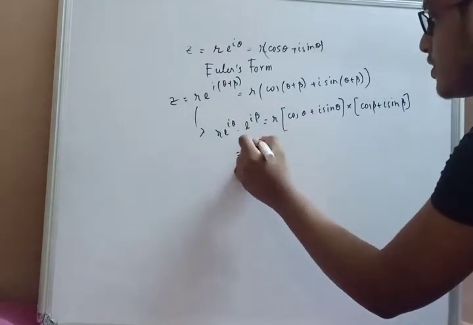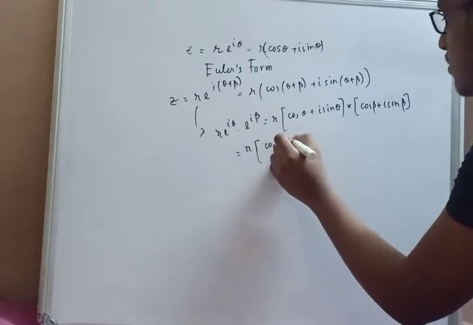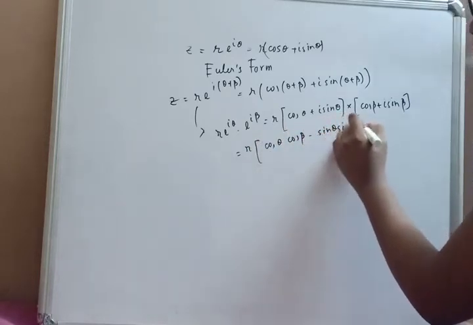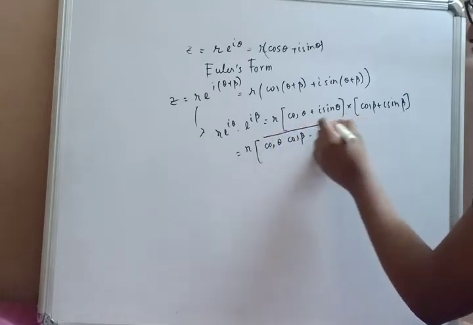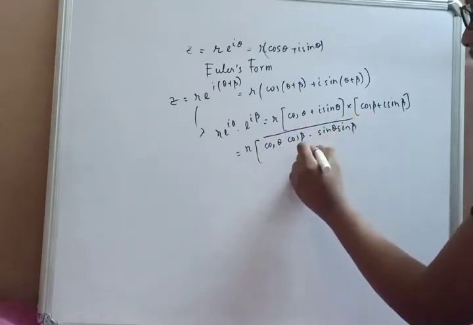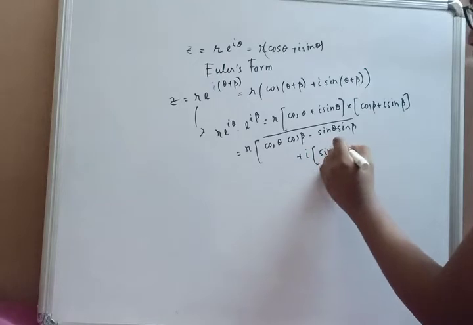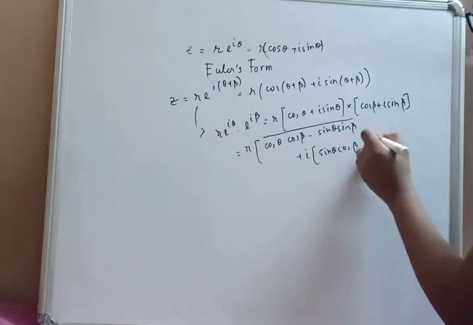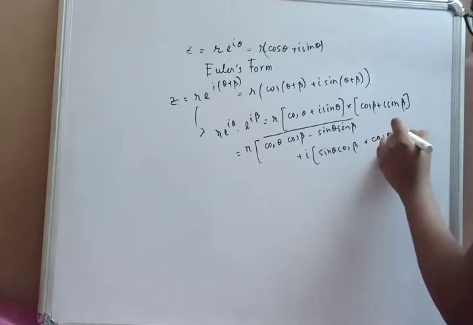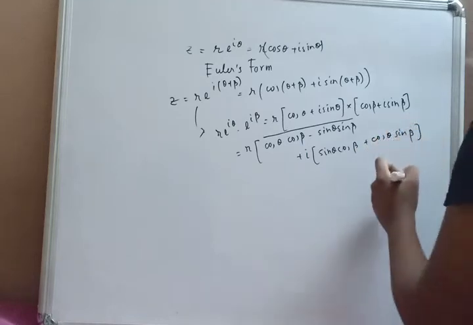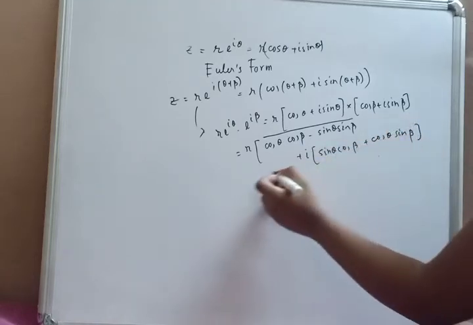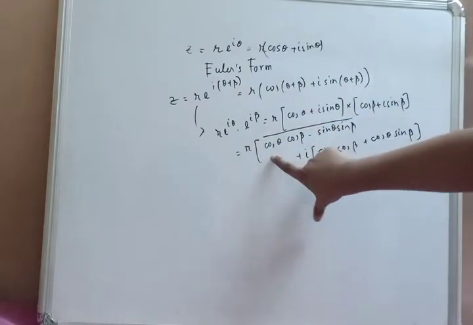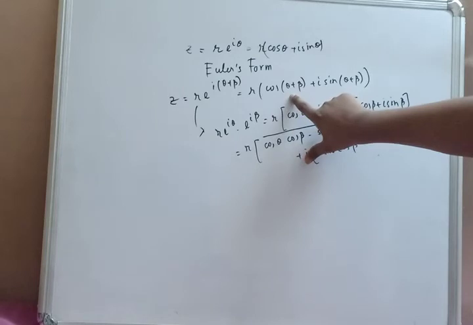Simple algebraic manipulations now: cos theta cos beta minus sin theta sin beta plus iota times sin theta cos beta plus cos theta sin beta. Now this particular thing and this particular line are the same.